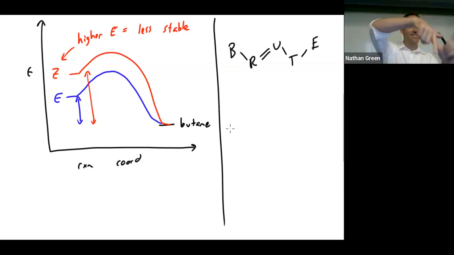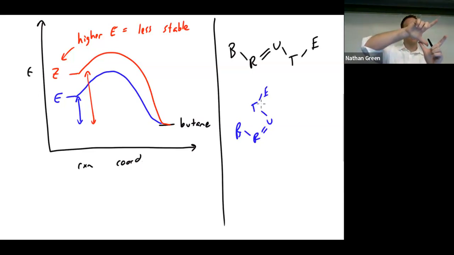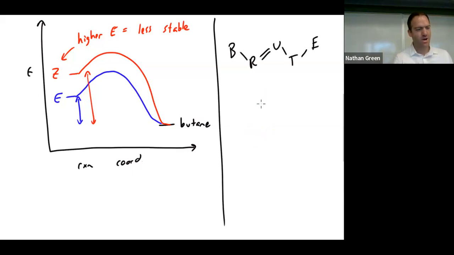It's like trans. I didn't draw it like this. That would be a Z double bond. So that's an E double bond. Where is the double bond? On the second letter.